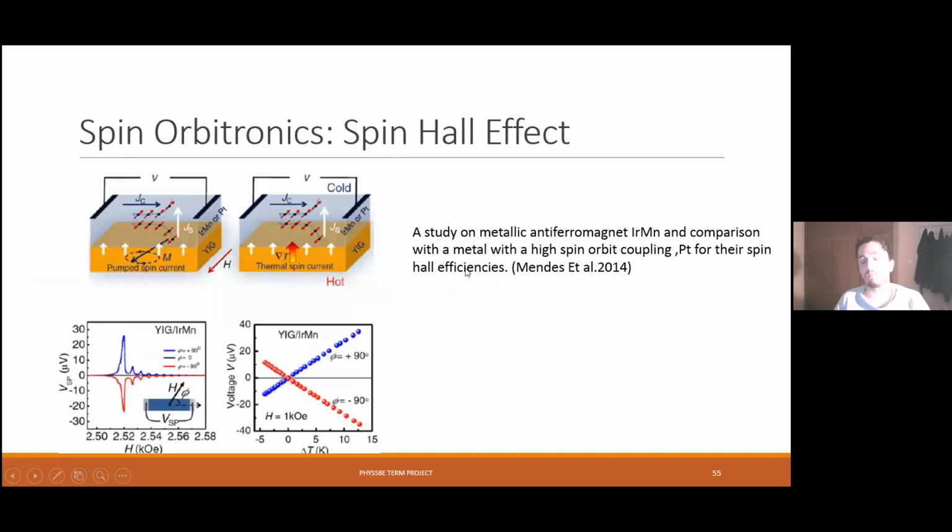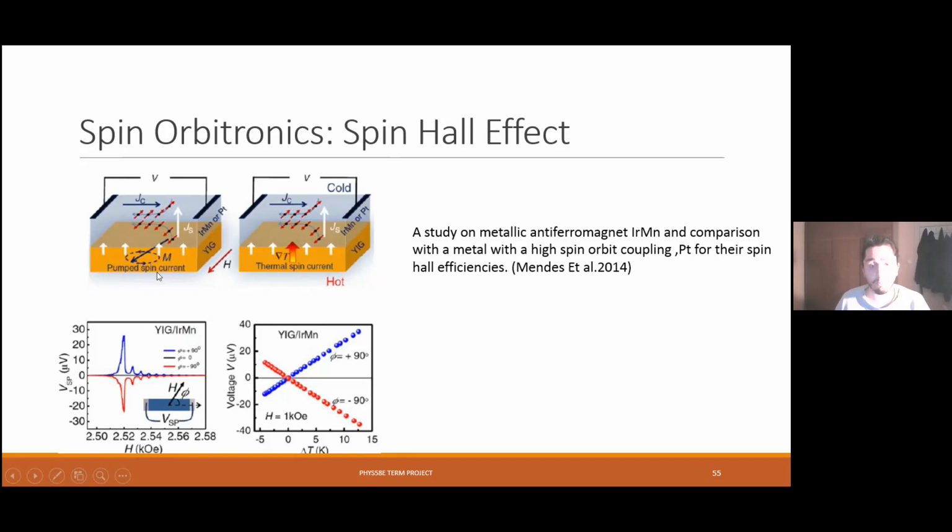And this study is quite important for the spin Hall effect, which is the proof that the antiferromagnetic metal iridium manganese is as efficient as platinum, a heavy metal with high spin orbit coupling, when it comes to achieving this potential, which is caused by the inverse spin Hall effect, by two different spin current injection methods.